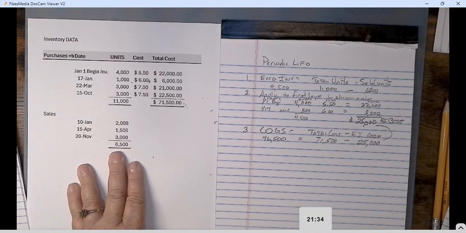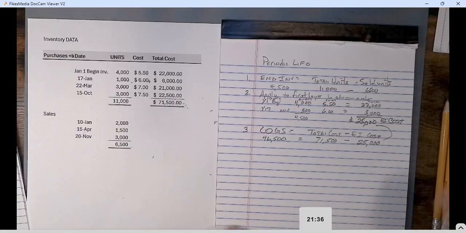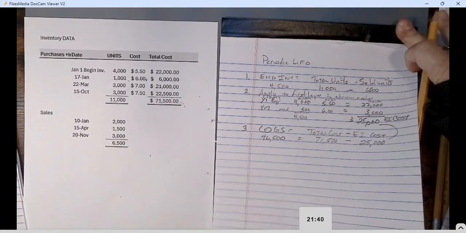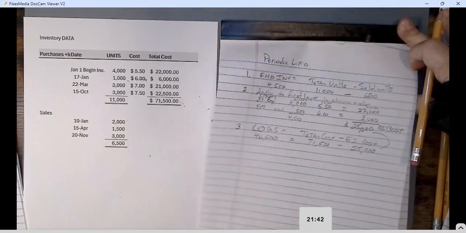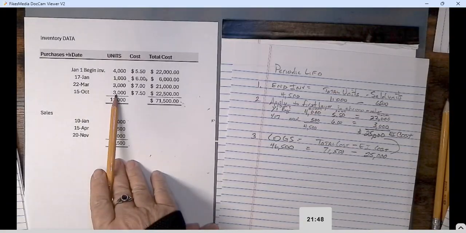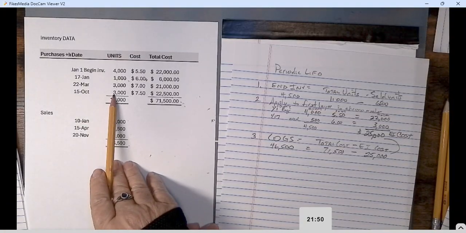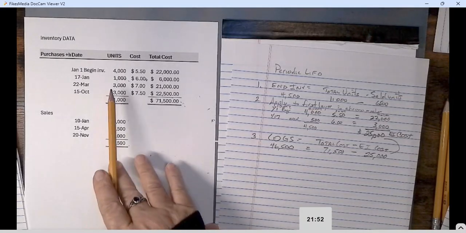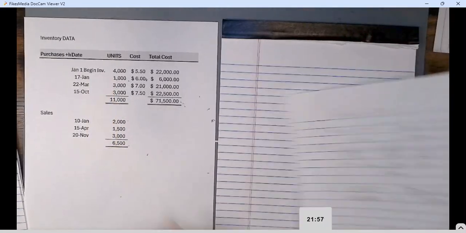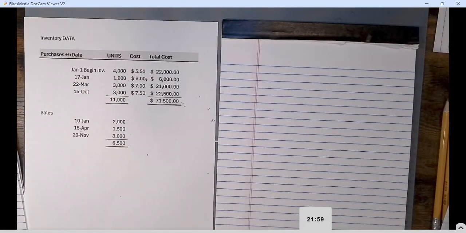Periodic LIFO using these numbers. Okay. LIFO, last in, first out. So these were the last ones in, first ones to be sold. And then what we had left was as we work our way up this chronological order.